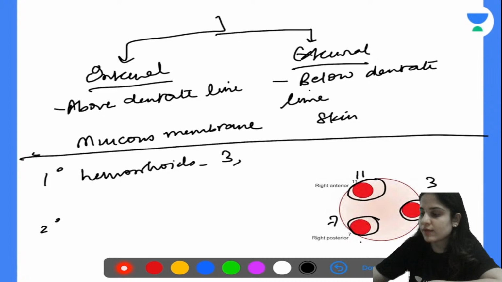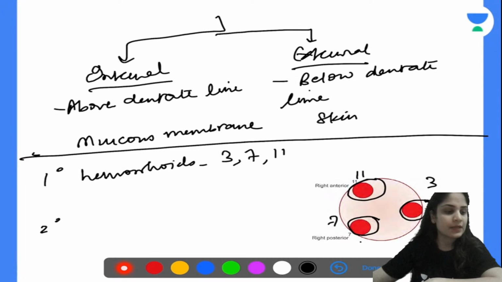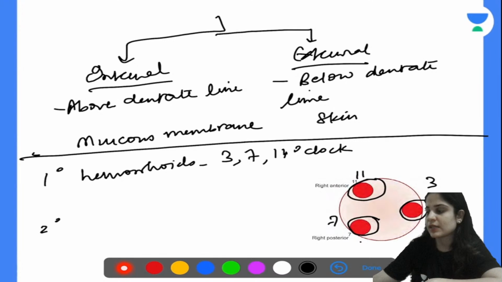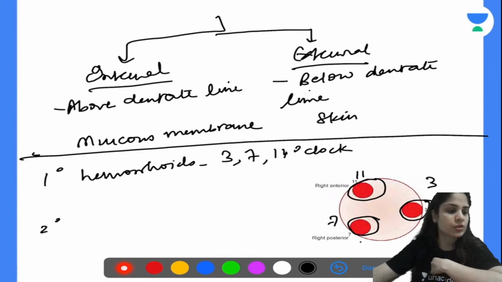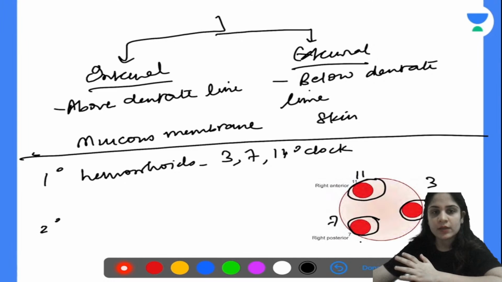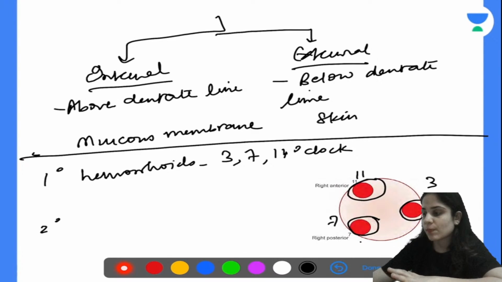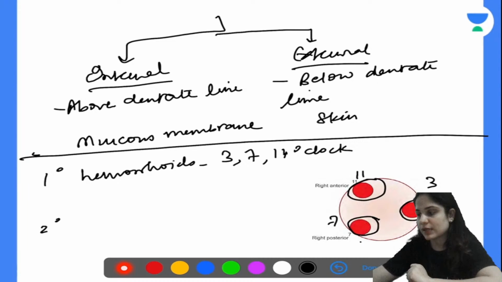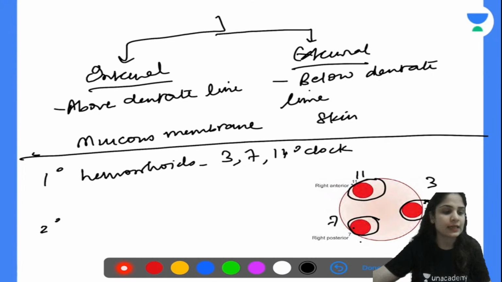Now, what is so great about this 3, 7 and 11 o'clock position? Can anyone tell me? What is so specific about this 3, 7 and 11 o'clock position? Why am I focusing on this? Okay, so these positions are related to the branches of the superior hemorrhoidal artery. Your superior hemorrhoidal artery will divide and give off three branches. One is at the 3 o'clock position, one at the 7 o'clock position, and one at the 11 o'clock position.